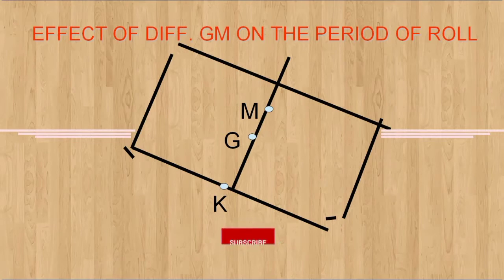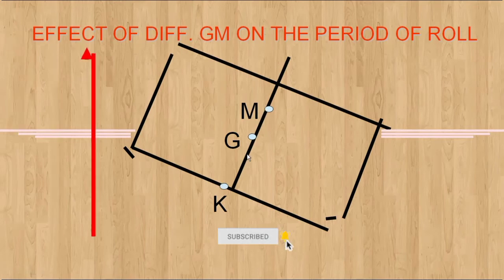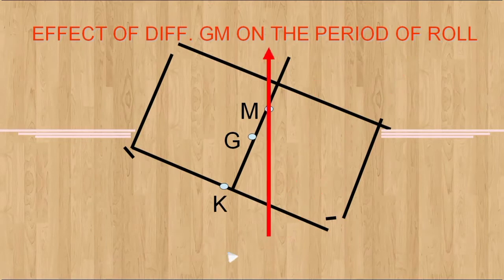So we have here KG, and then GM, then we have also KM. So when the ship heels on one side, we have what we call the righting arm or the GZ.